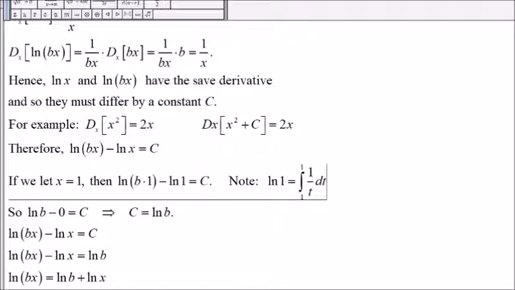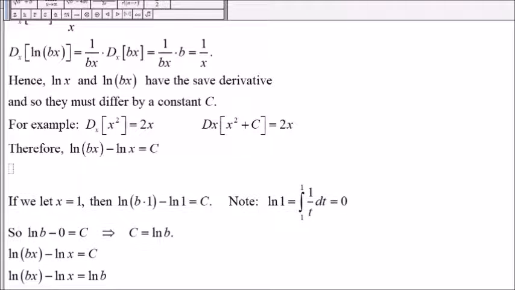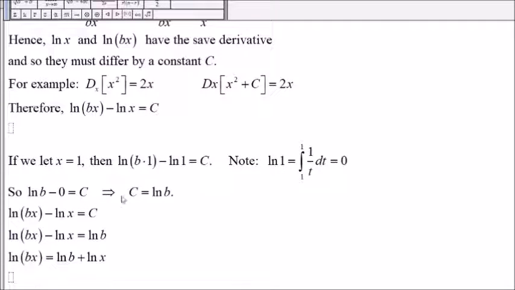But the area from 1 to 1 is 0. And so ln 1 is 0, and we have ln of b minus 0 is equal to c. And so c, the constant, must equal the natural log of b.